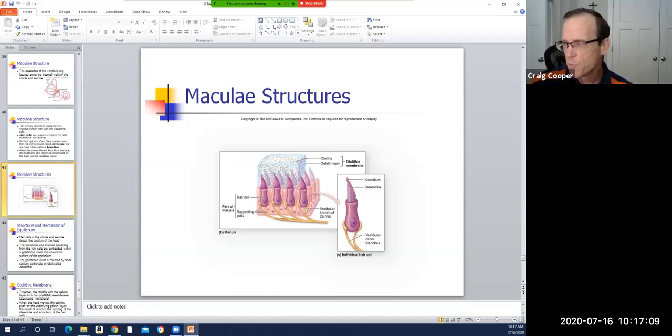So the shift of this movement causes a shift in these cilia. The kinocilium is the biggest, tallest one, like the king cilia at the top, and that's the one that's the hardest to get to deflect. So when it's a bigger motion, that's the one that's really going to start sending its signal to let us know this change in position or change in velocity of our body that we're sensing.